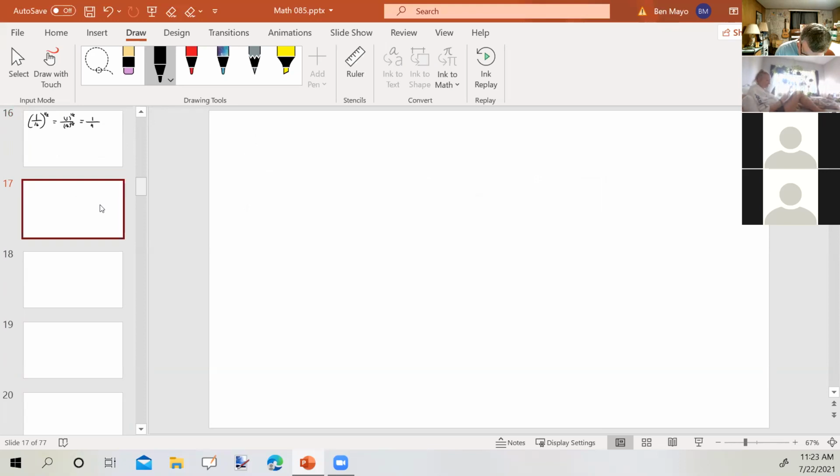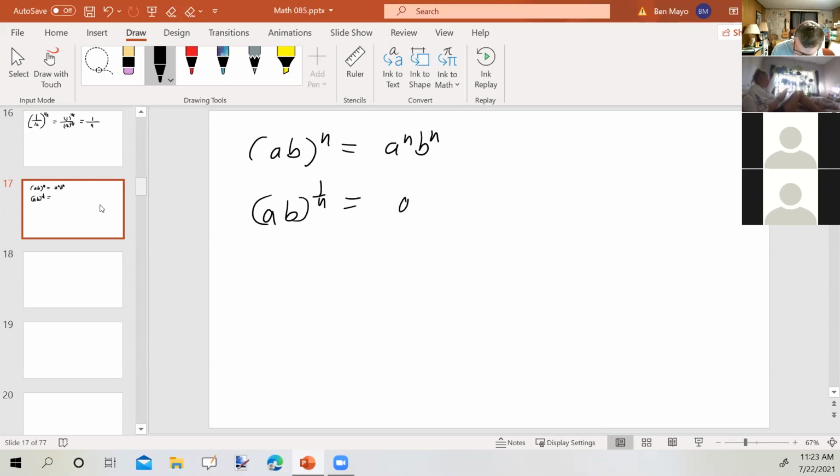Recall that a product raised to a power, you attach the power to each factor inside. So if I had AB to the 1/n power, that would be A to the 1/n times B to the 1/n power.